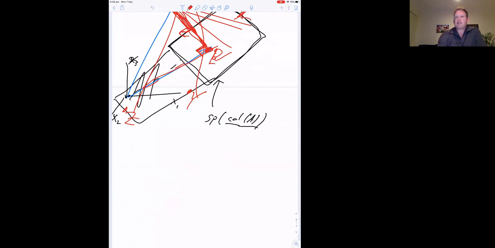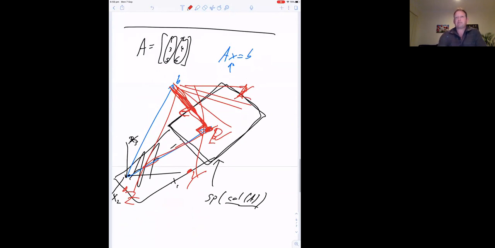And E is in the null space. Yes, it is. Well done.